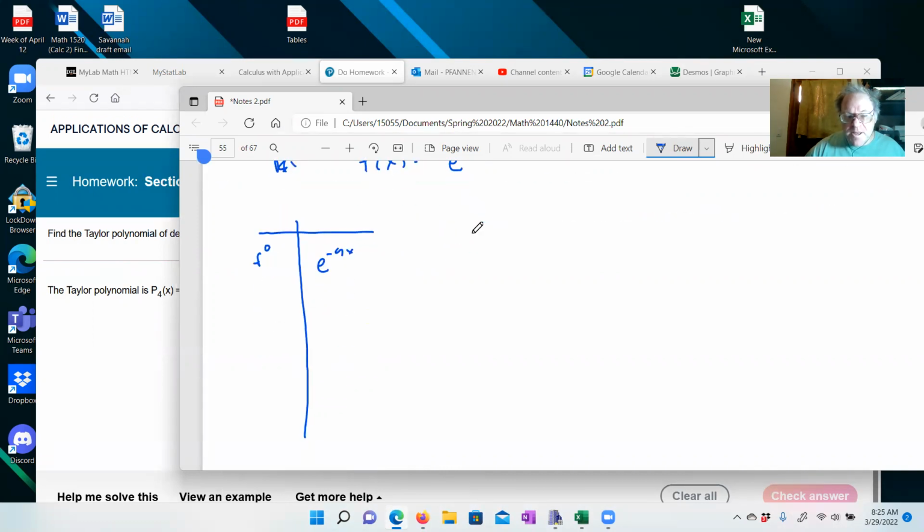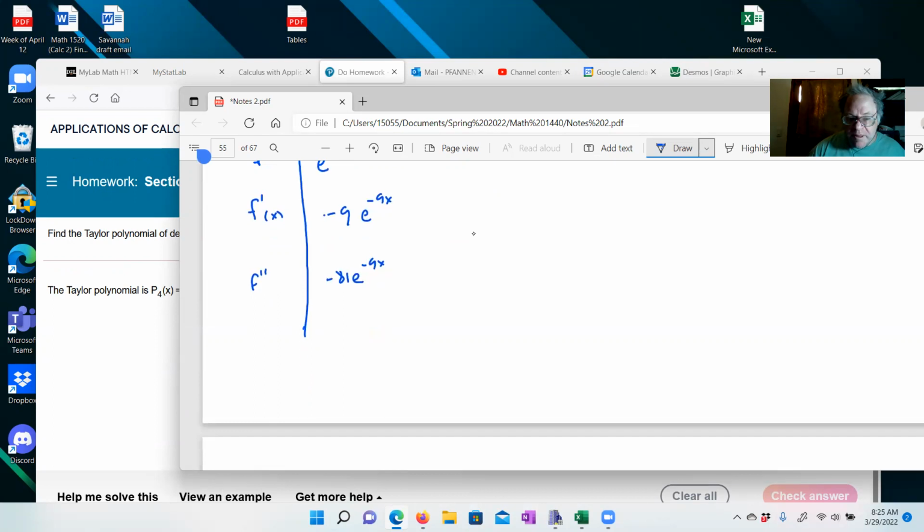F prime, that's going to be negative 9 e to the negative 9x. F double prime, that's going to be 81 positive e to the negative 9x. F triple prime. I apologize if you do not know what 9 cubed is.